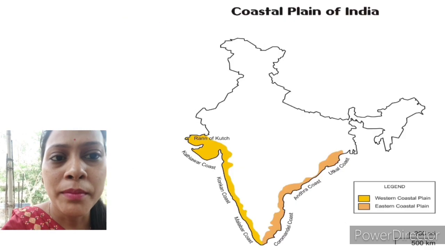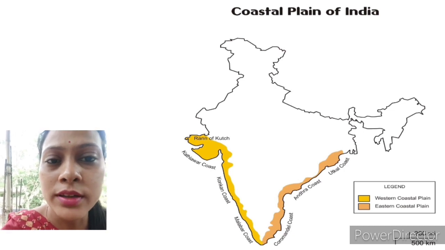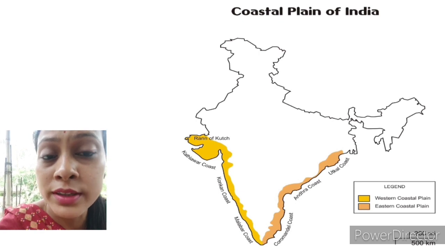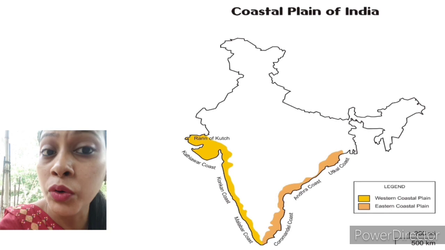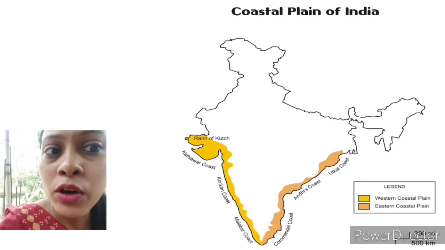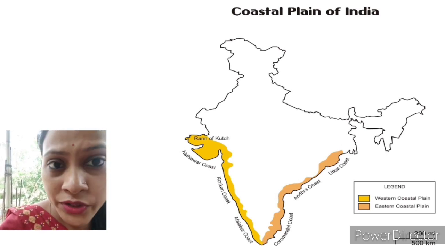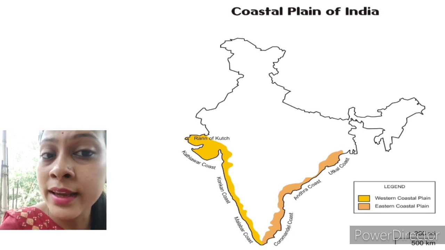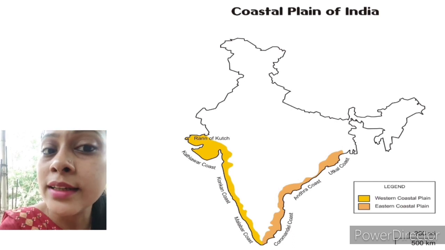The map is a little confusing, so you can understand better when you take out your book. There you can see in the map the Gujarat region, the coast is called Kathiawar Coast or Gujarat Coast or Gujarat Plain, then followed by Konkan Coast, which includes the Mumbai and Goa region, then the Kannar Coast. Kannar Coast lies in Karnataka, and the last one is Malabar Coast, that is in Kerala.